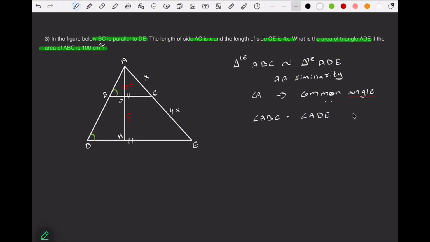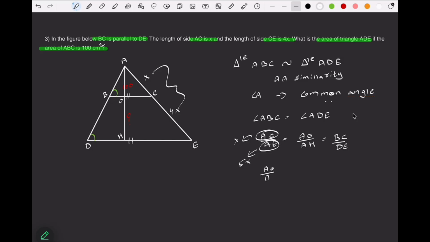Now using the similarity of triangles concept, we can write the ratios as AC over AE equals AO over AH equals BC over DE. In the question, it is given the value of AC is x and the value of AE is 5x. The value of AE is AC plus CE.